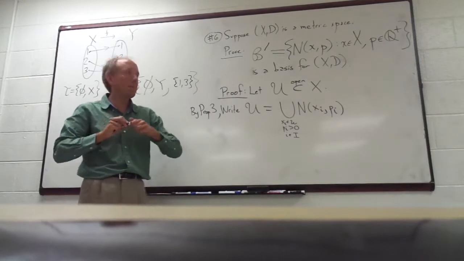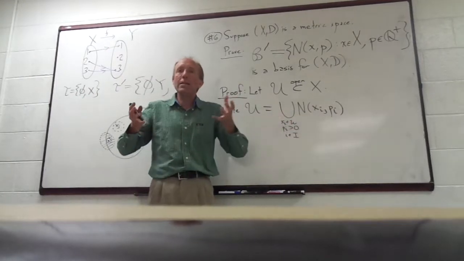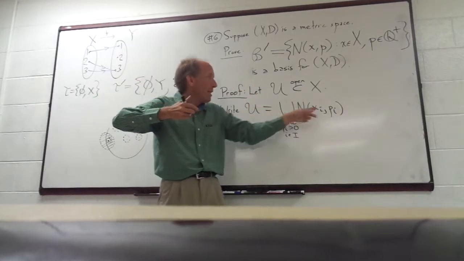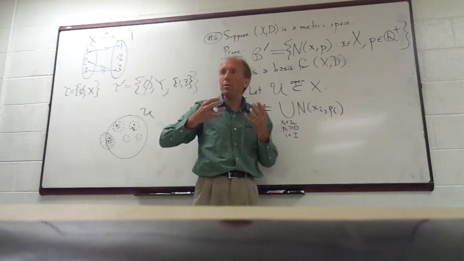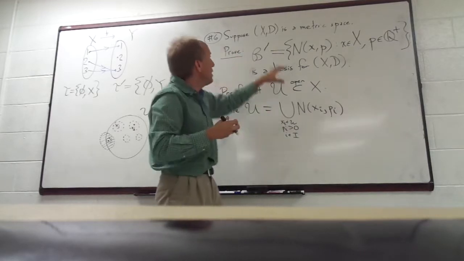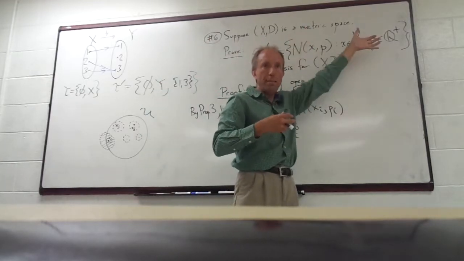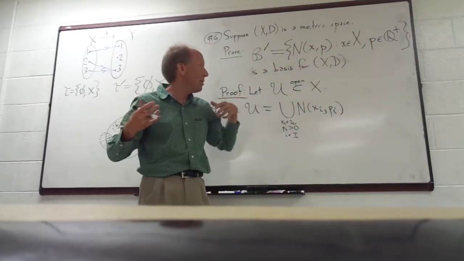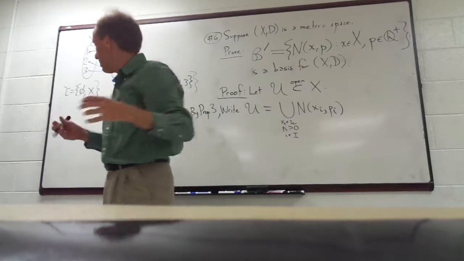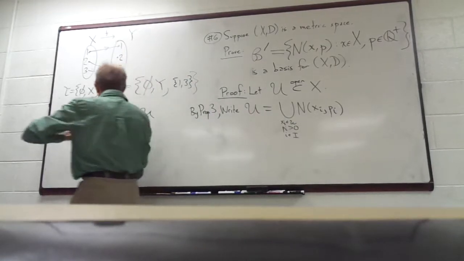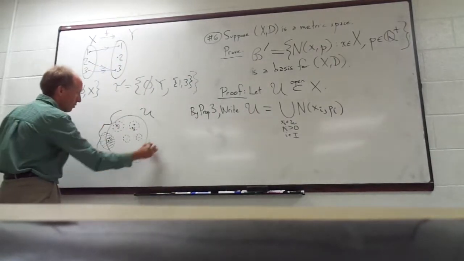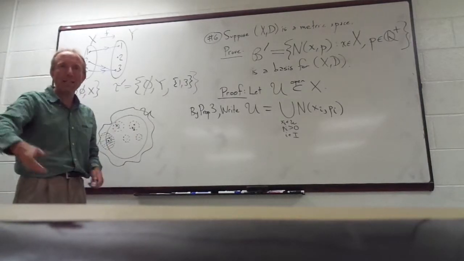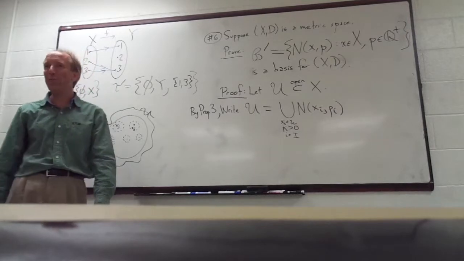If I take the neighborhoods that I'm given and make all the radii a little bigger, so that the radii are now rational numbers, it's nice in the sense that you've got your B prime set being used there, but the union is not U anymore. It's possibly something a little bit bigger than U, right? Okay, so that didn't work. Does one of you have an idea what will work?